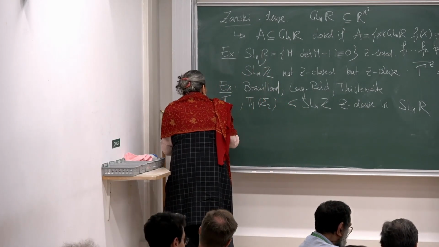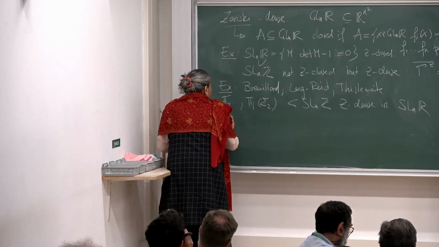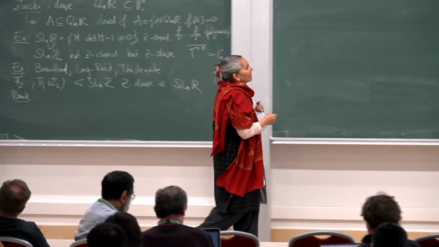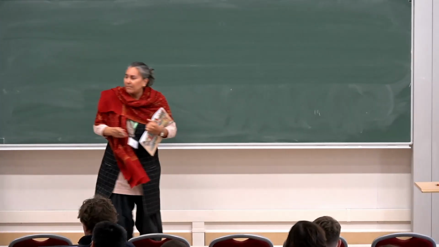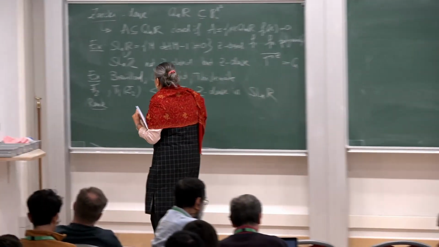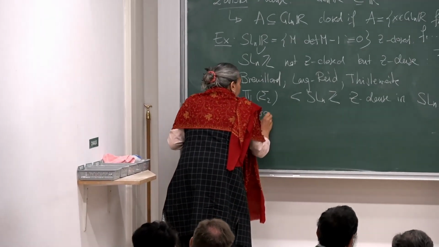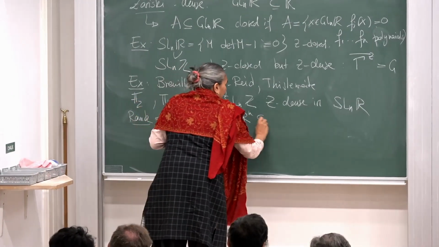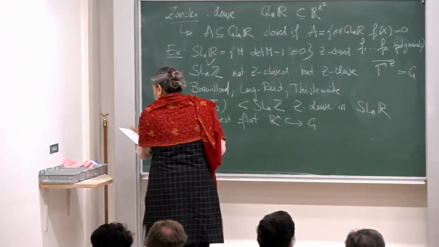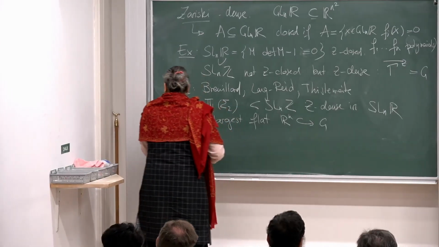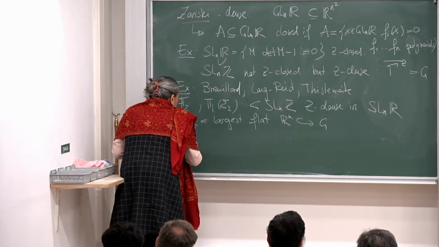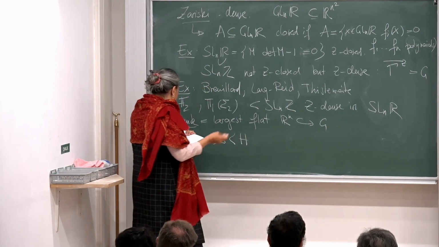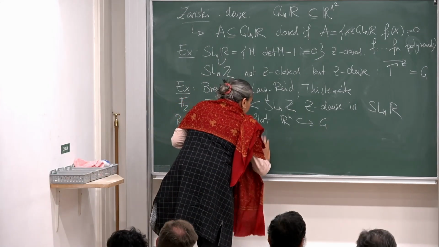So more examples. The rank, we've seen that in many talks, is the dimension of the largest flat. A lattice is a discrete subgroup of finite covolume.